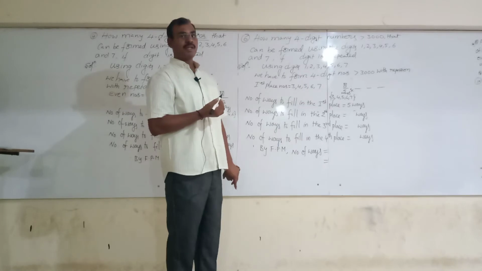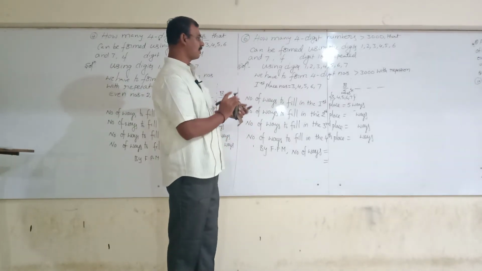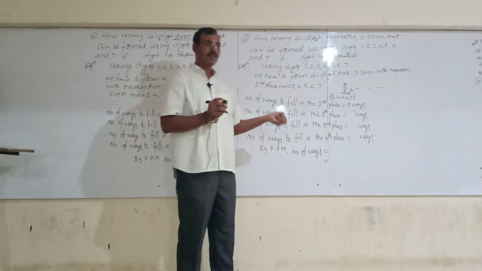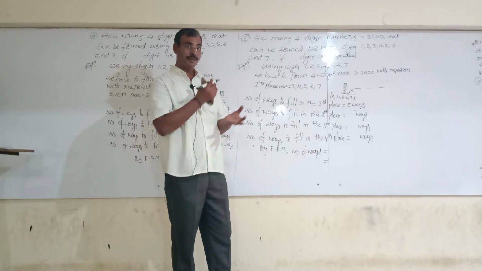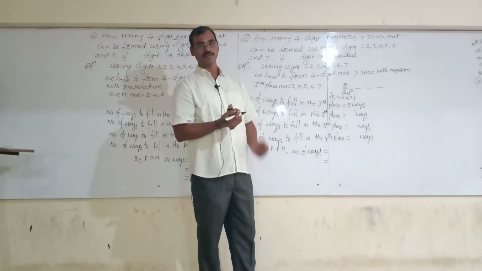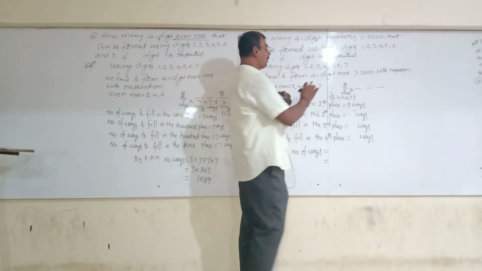How many ways could I fill the leading position? 5 ways. Since repetition is allowed, I have 7 numbers. If I fill 3, I can reuse the same number again.